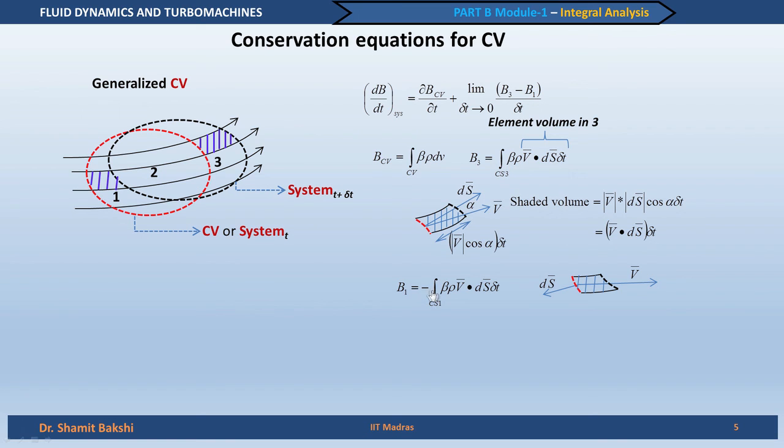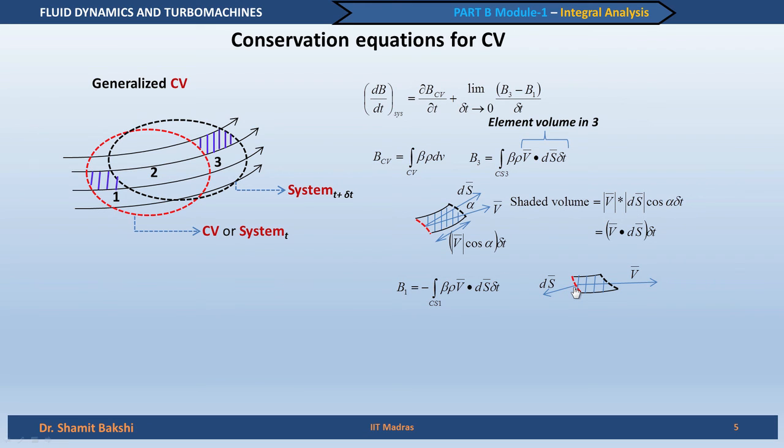This comes from the fact that if we look at the velocity vector now, because this is an inlet, the fluid is coming into the control volume through this surface. These are all the surfaces through which fluid is coming into the control volume. So, the velocity vector is directed like this, but the area vector is directed in this way.